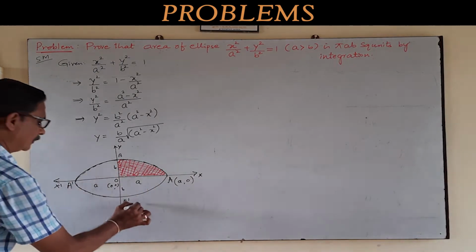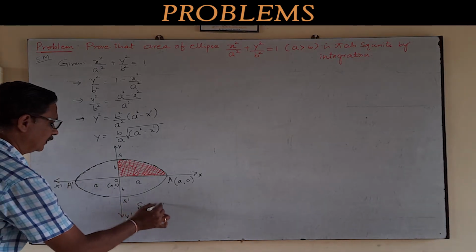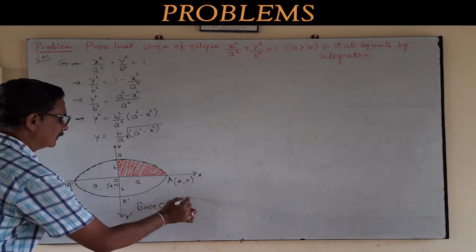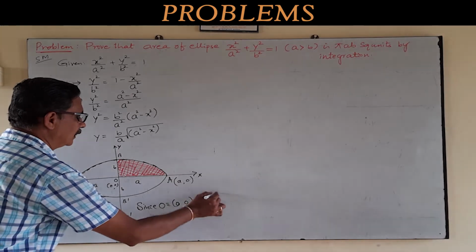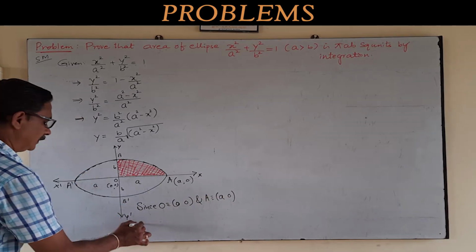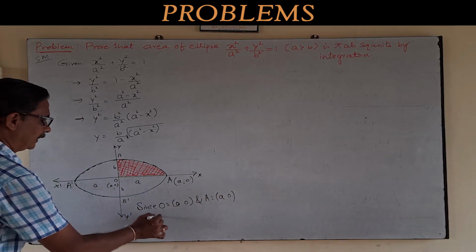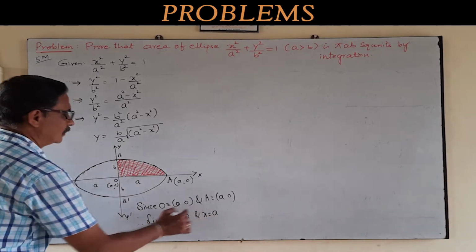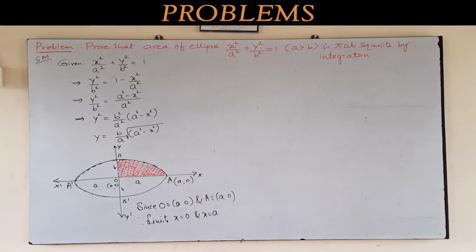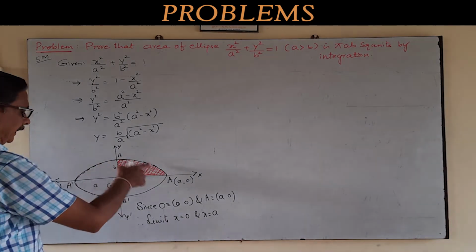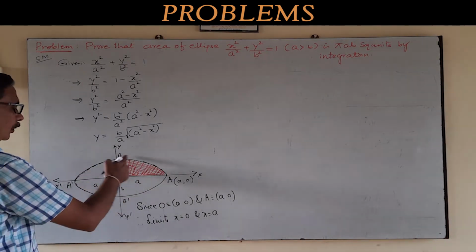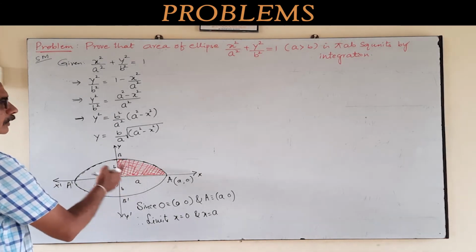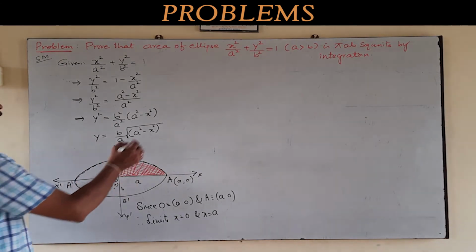Now since here O is the origin and A is the point (a, 0), by taking limits, x is equal to 0 and x is equal to a. Lower limit is 0, upper limit is a. Now to find the area of the complete ellipse, first find one part of the area, multiply by 4 times.